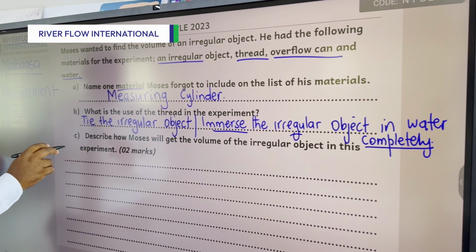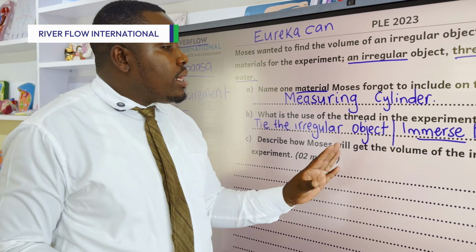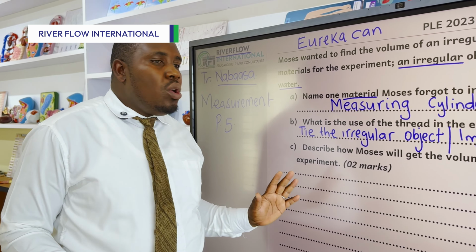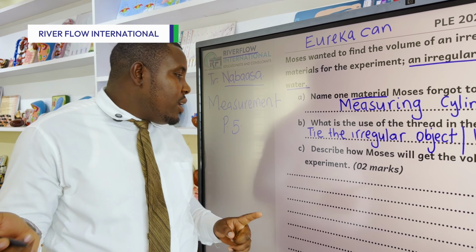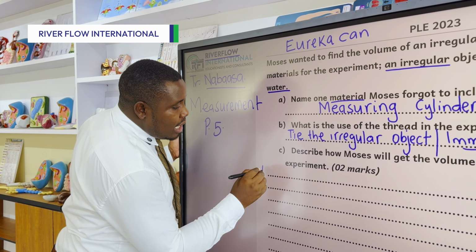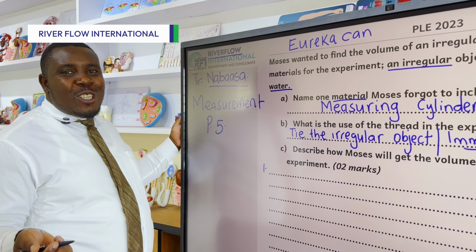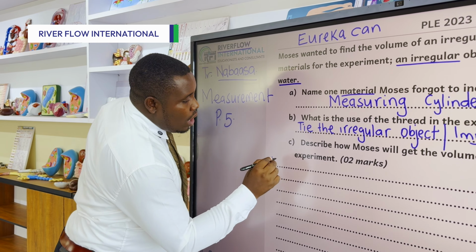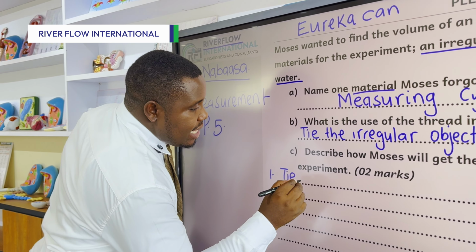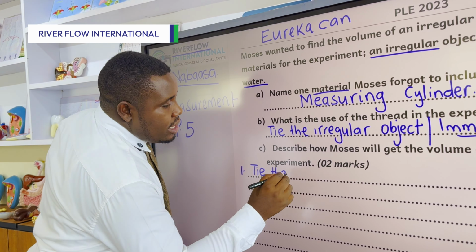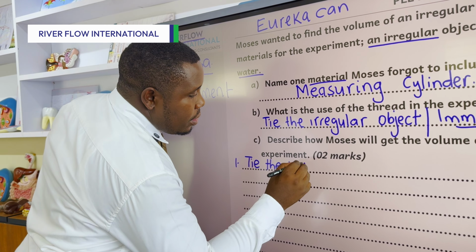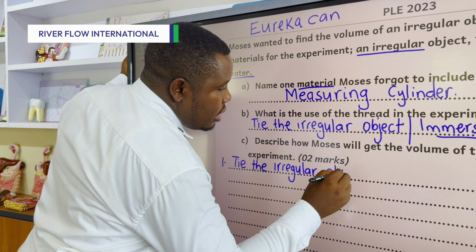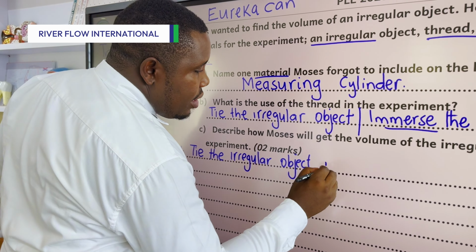Then they want us to describe how Moses will get the volume of the irregular object in this experiment. So now what we are going to do is talk about one step and then do it. How you give these answers may depend on where you studied from or how easily you understand the experiment. My step number 1 would be tying the irregular object with a thread.